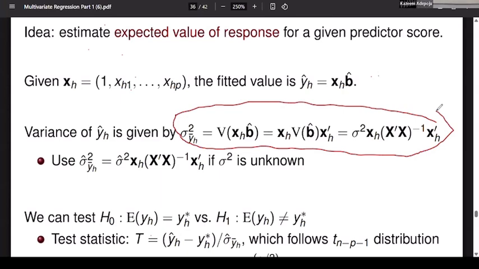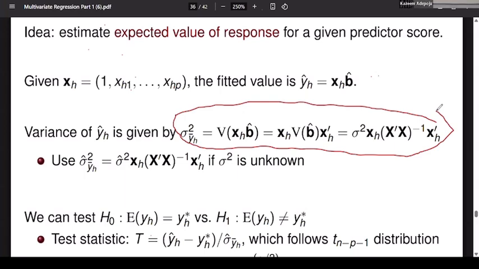This guy is the variance, sigma squared y bar h. That is the variance of the average prediction. The square root of that becomes the standard error.